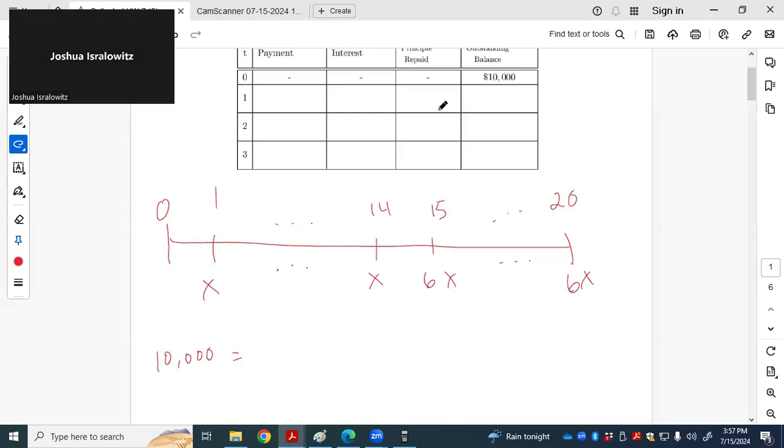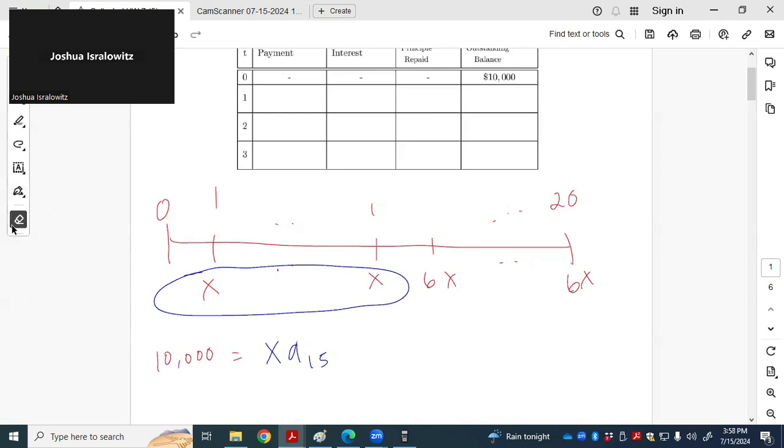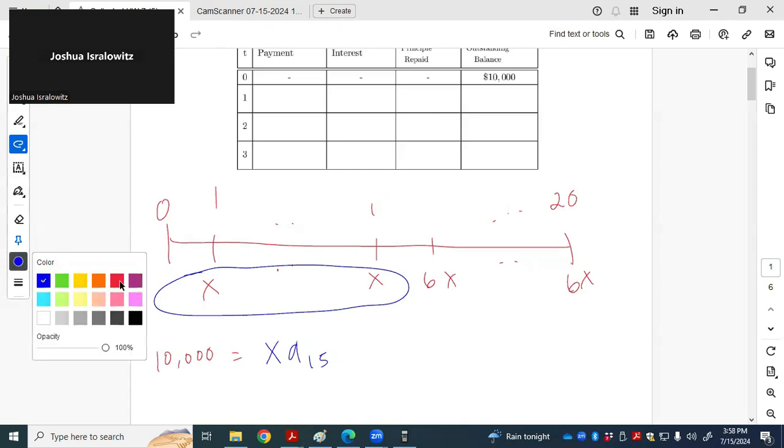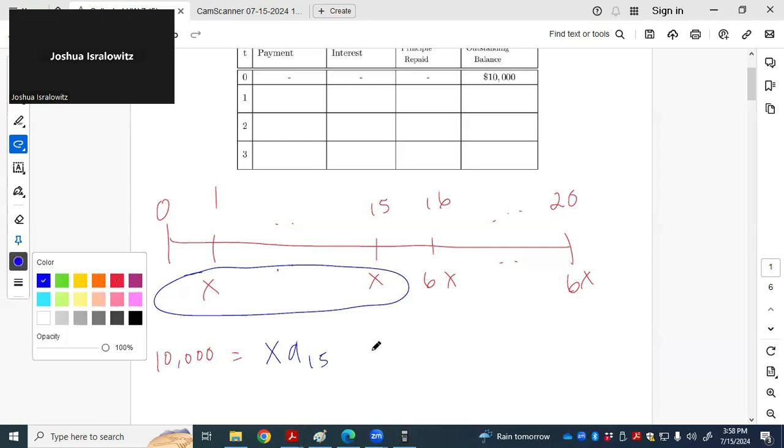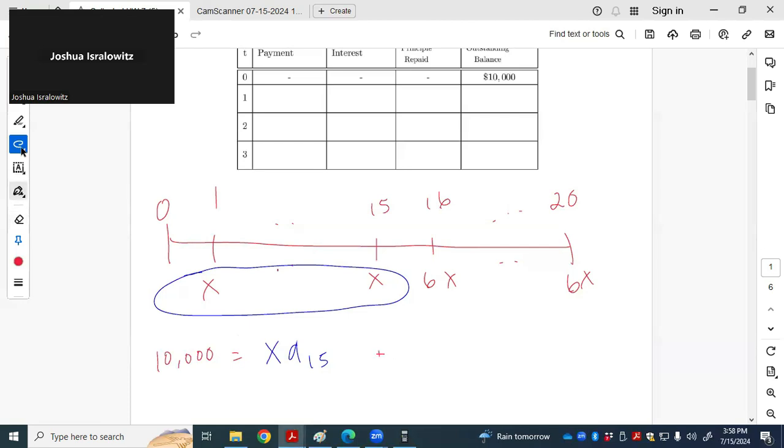So, take the present value of the X payments, X a angle 15, at 7%, plus the 6X payments.